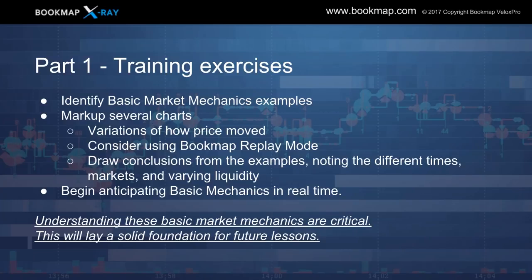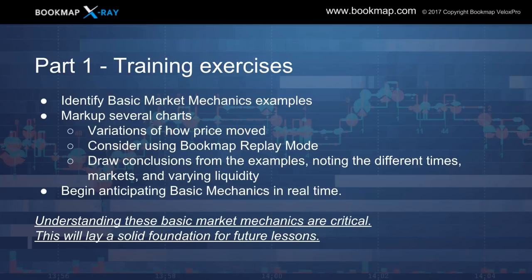You can consider using the Bookmap replay mode. It is an excellent way of seeing this data. You can replay it again and again within that replay file. And then you can start to draw your own conclusions from these examples, noting the different times, the different markets, the varying liquidity, the speed that it moves, etc.